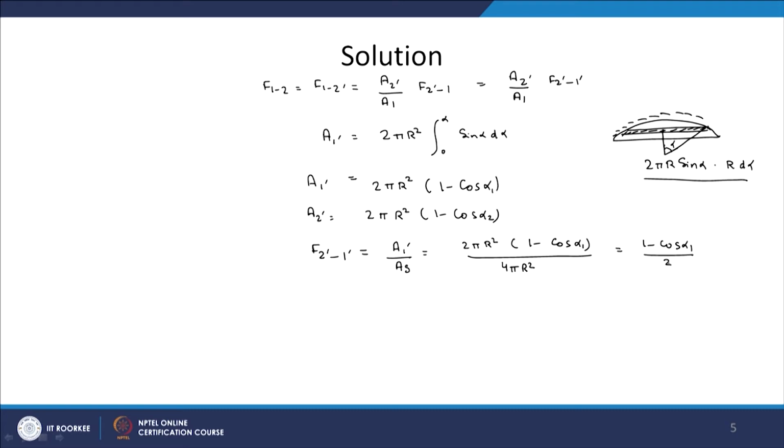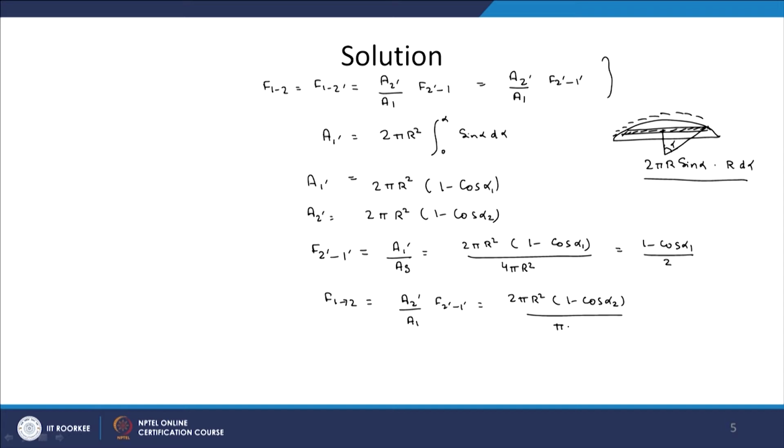Now, from this equation we have view factor 1 to 2 as equal to A2' upon A1 times F2'1', and this becomes equal to 2 pi r square (1 minus cos alpha 2) upon area A1, that is the area of the disc.